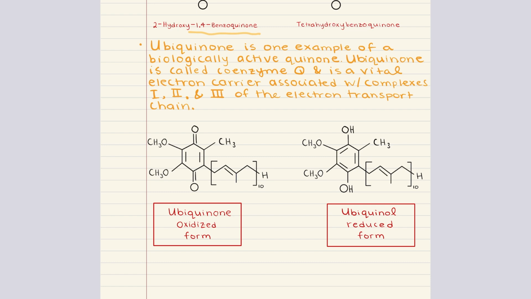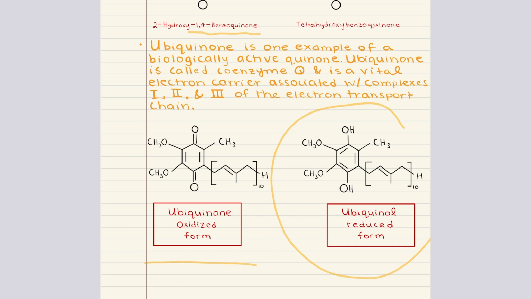In its oxidized state, ubiquinone contains 2 carbonyl groups, which can be enzymatically reduced to form ubiquinol, where the carbonyl groups are converted into hydroxyl groups, like you see in the images comparing the two.